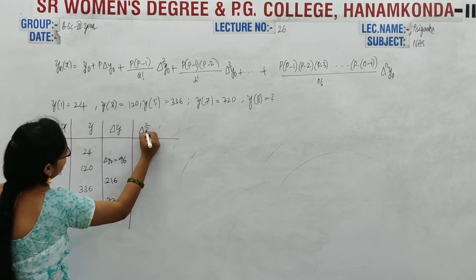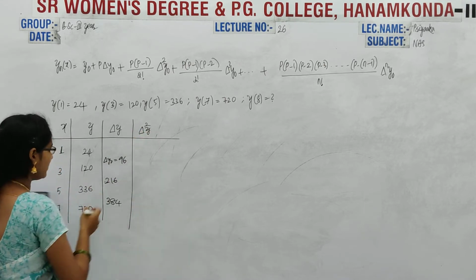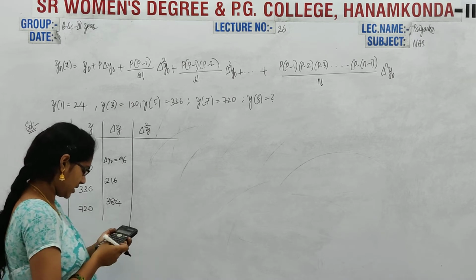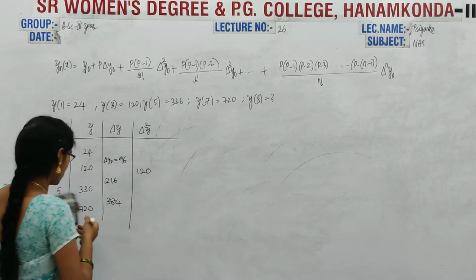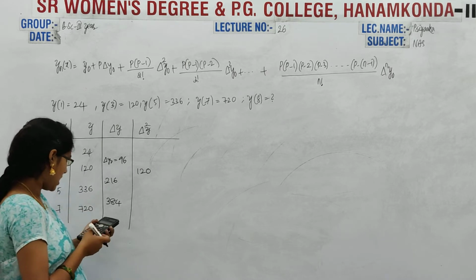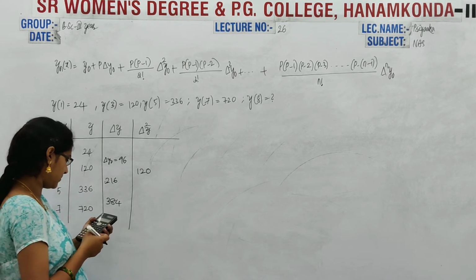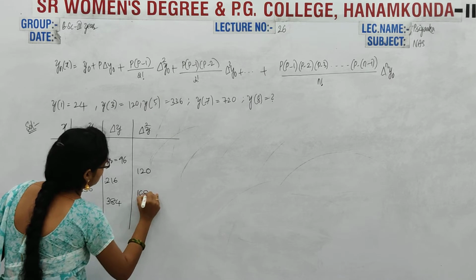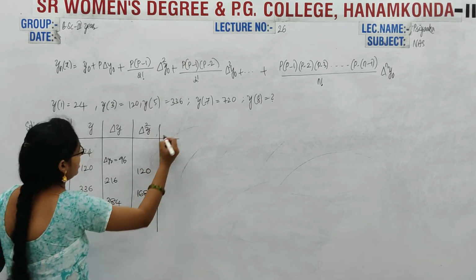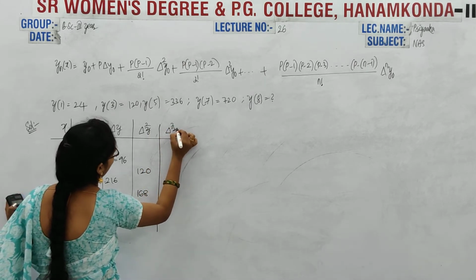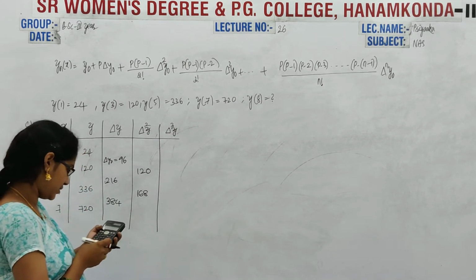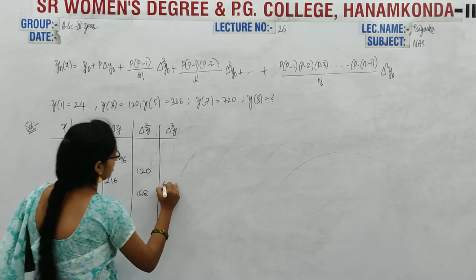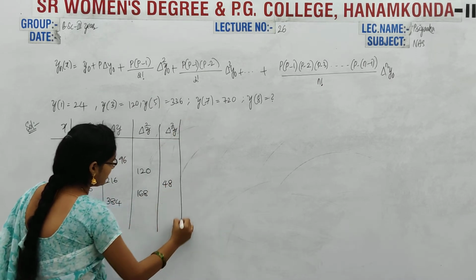Del square y: 216 minus 96 is 120. Next, 384 minus 216 is 168. Now del cube y: 168 minus 120 is 48. And for the next one we cannot go further.